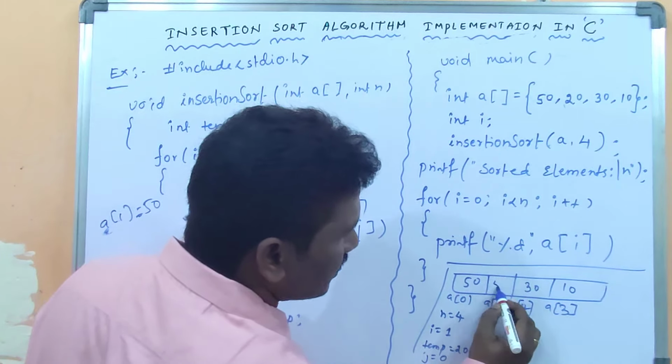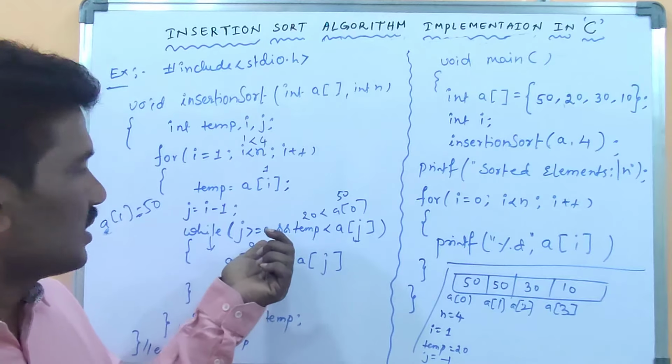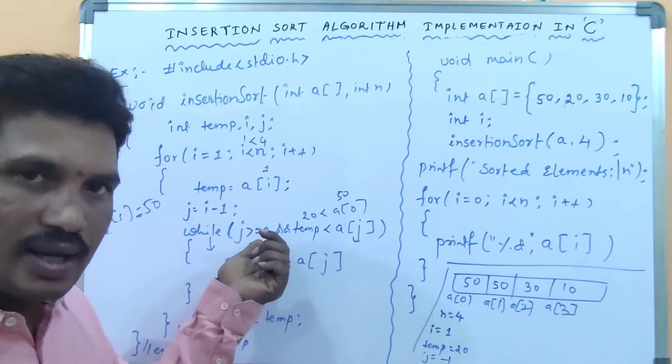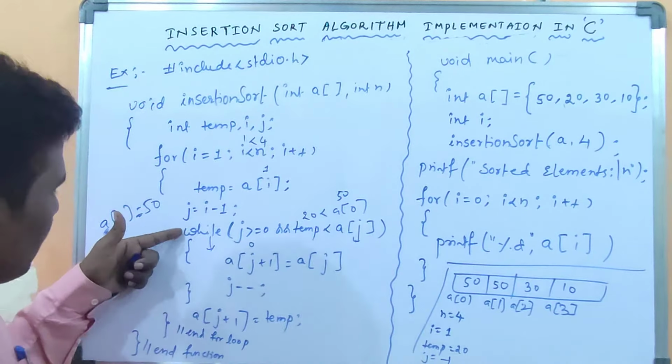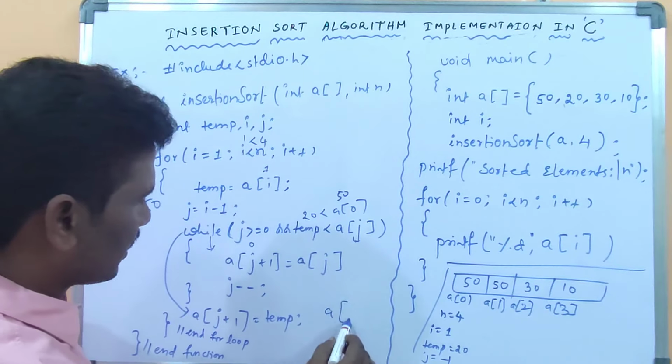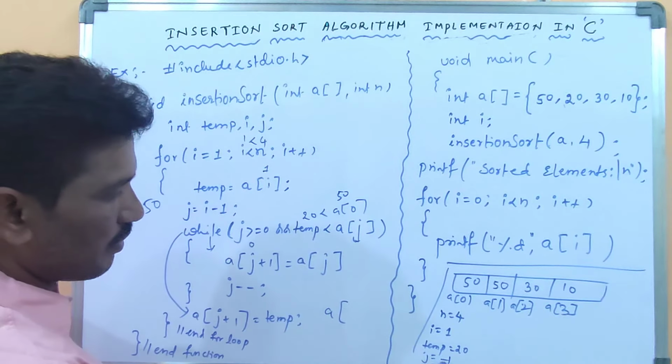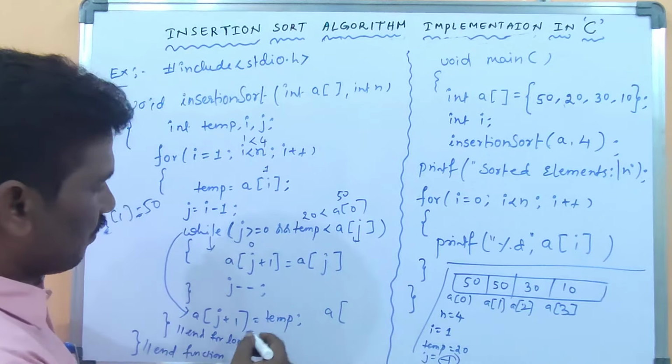Then when it comes to here, the condition returns false, because j must be greater than or equal to 0. Then it comes to here: A of j plus 1. What is the j value? Minus 1. Plus 1 means 0.